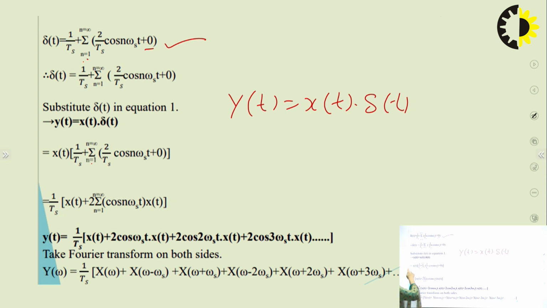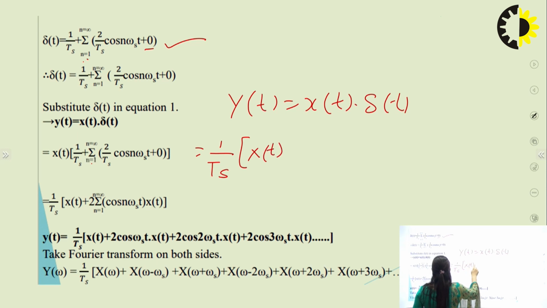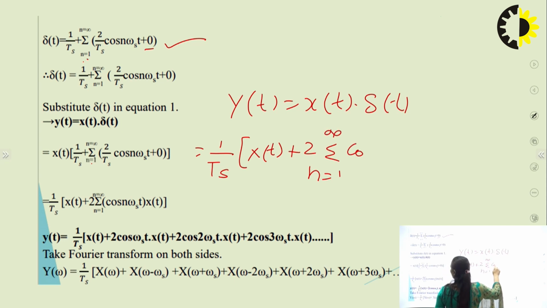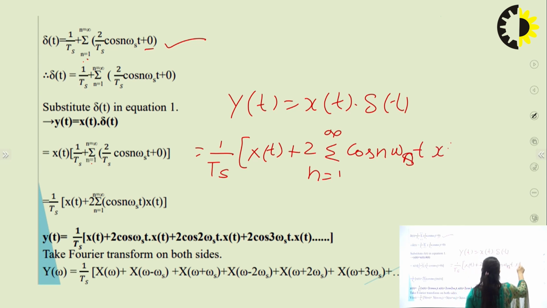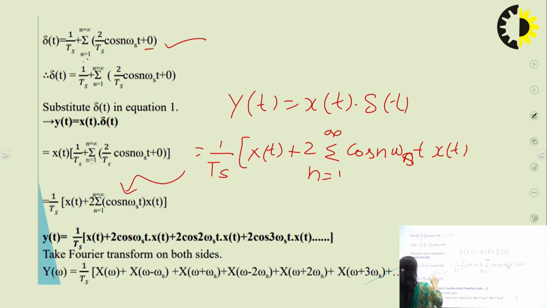So when we do the multiplication, 1 by Ts we can take outside, and it is x(t) plus twice the summation from n = 1 to infinity of cos(n ωs t) into x(t). So like this, this is your equation.